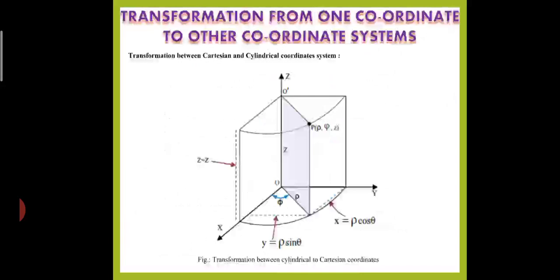Here are the transformations from one coordinate system to another. If you are given the cylindrical coordinates rho, phi and z of a point, the Cartesian coordinates x, y, z can be determined from the coordinate transformation and vice versa.